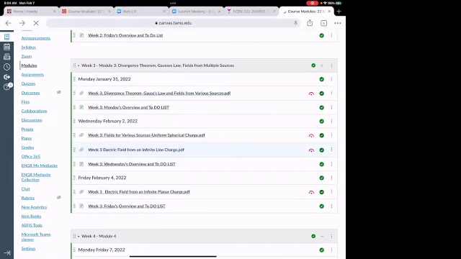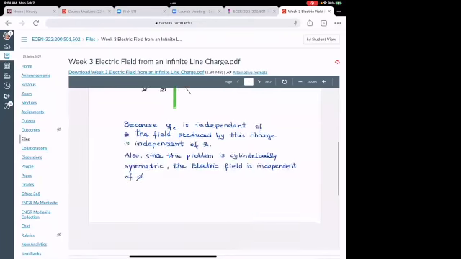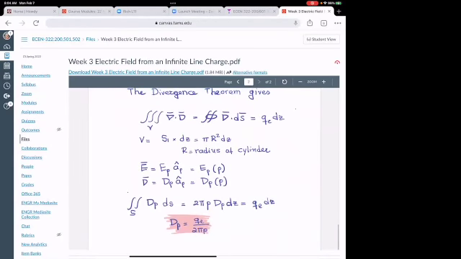From there, we went to an infinite line charge like this. And what we found in the solution, highlighted down here, and rho, remember, this is not P, it's the Greek rho. I used rho because in the books the cylindrical coordinates are rho, phi, and z.